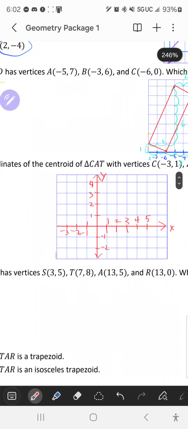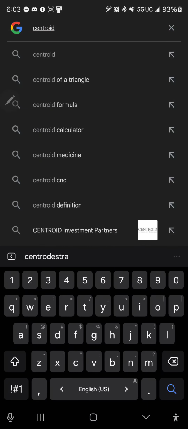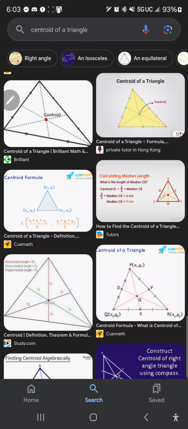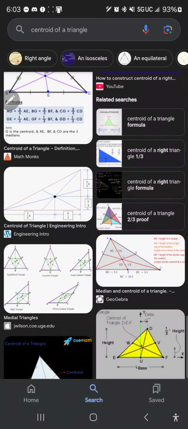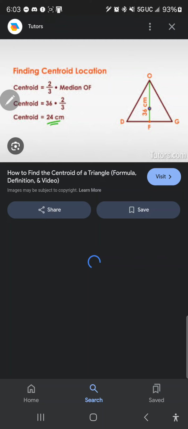Now, right now, you might be asking what is this centroid? The better thing to do if you don't know is just go to Google and search centroid of a triangle. I want to show the images.